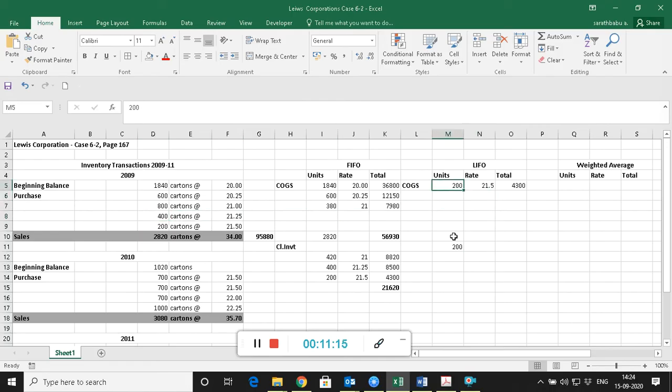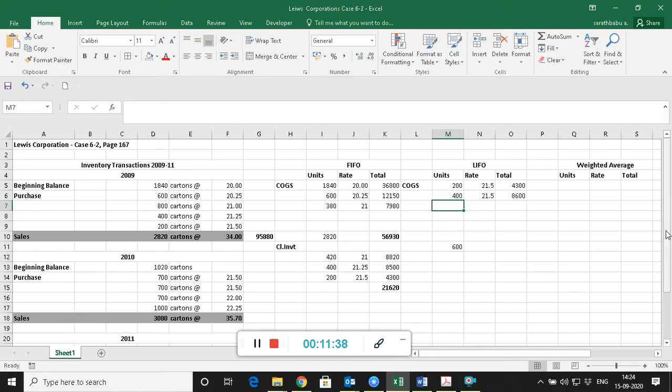Now the last lot of 200 has been taken, and what is the next last lot? That is 400 units at the rate of 21.5 and the total is 8,600. So far I have issued 600 units. Then what should I do?